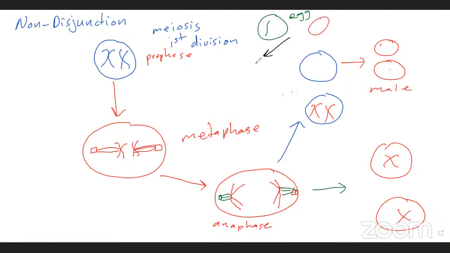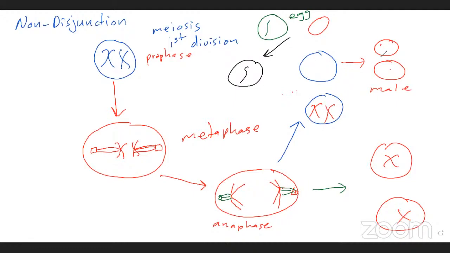You will get what? One chromosome instead of two, right? Pay attention. Do you understand? You have to follow. This right here, the chromosomes did not separate into the two cells. One cell gets two of them, and the next one gets none.